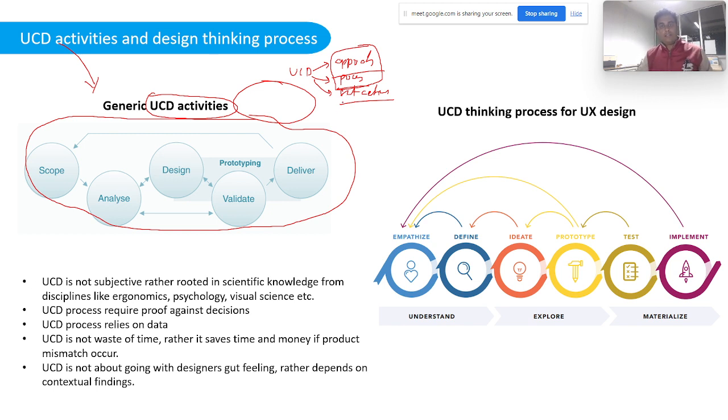Now in this particular slide, I'll be discussing UCD as a set of activities. As a set of activities, what you perform in a user-centric design process is first scoping. Scoping means trying to create a vision of what you will be doing. You should have a goal, so basically goal setting.